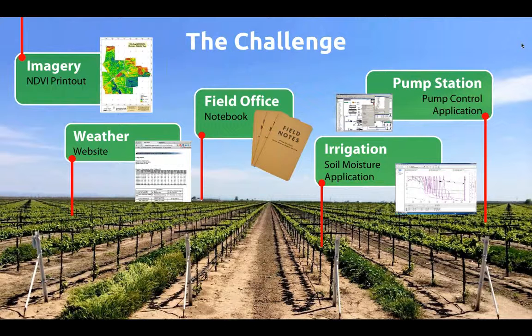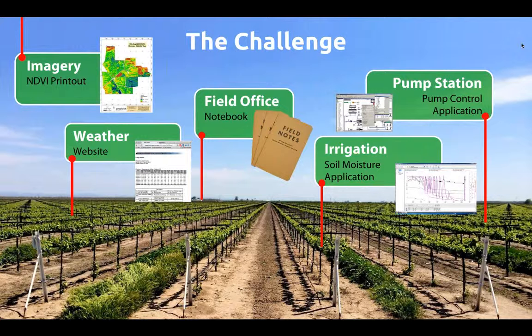If you look at this example here, you're probably all familiar with this kind of stuff coming in. You're getting data from a lot of different places. You may get a weather report by calling the weather service, or a fax. I know some people are still using fax machines. Satellite imagery may come to you as a PDF file or an email.